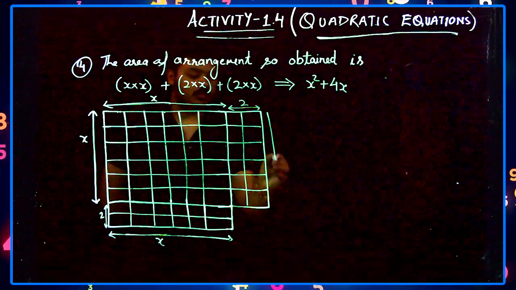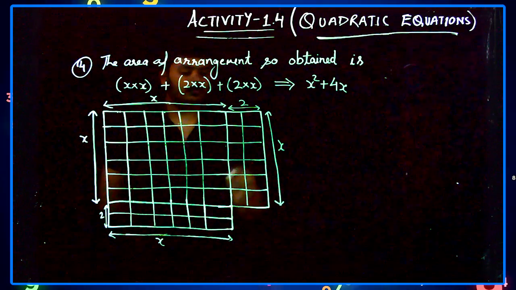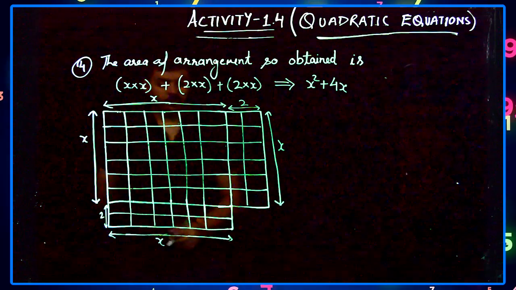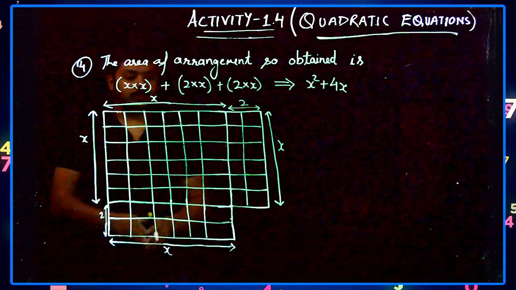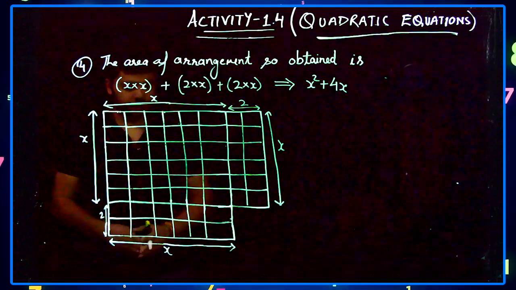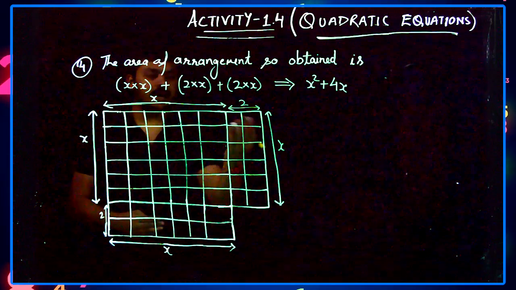Two, and this is x. So in this way, we make the arrangement of two strips to our square grid, one below the square grid and one to the right of the square grid.